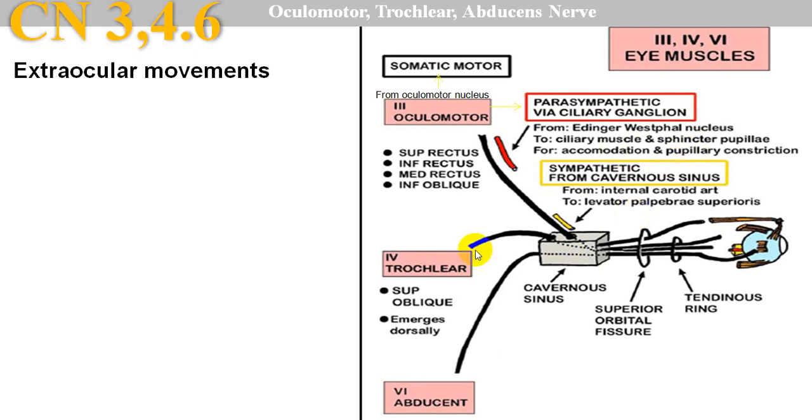The sympathetic nerve supply, which comes from the cervical part, will pass along the carotid sheath along with the common carotid and internal carotid artery, and then it will enter inside and supply the levator palpebrae superioris, the part we call the Muller muscle.